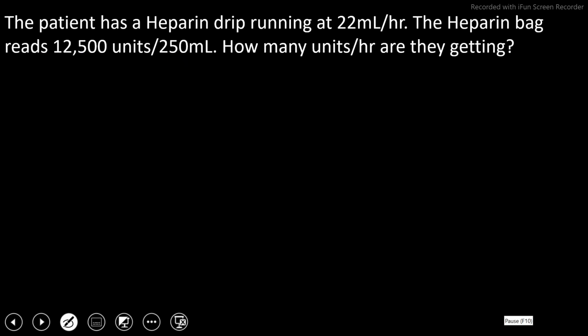Problem number 2, this one's probably the easiest. The patient has a heparin drip running at 22 ml per hour. The heparin bag reads 12,500 units per 250 ml. How many units per hour are they getting? So we are solving for units.